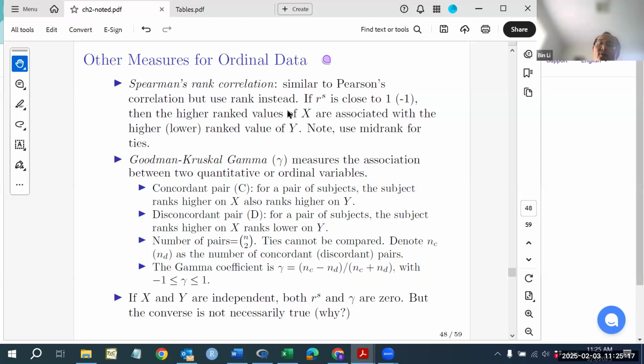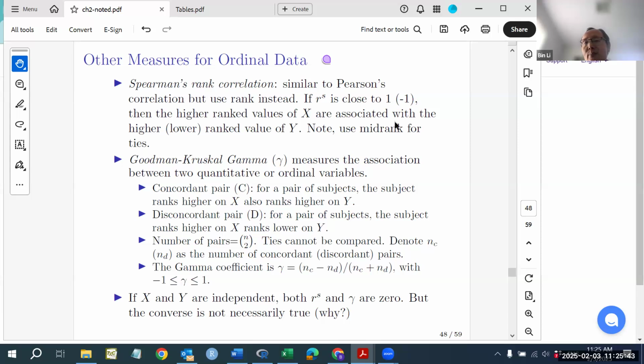If Spearman's rank correlation is close to 1 or -1, that means higher rank values of X are associated with higher ranked values of Y, if it's 1, or lower, if it's -1. And if we have a tie, we use mid-rank.